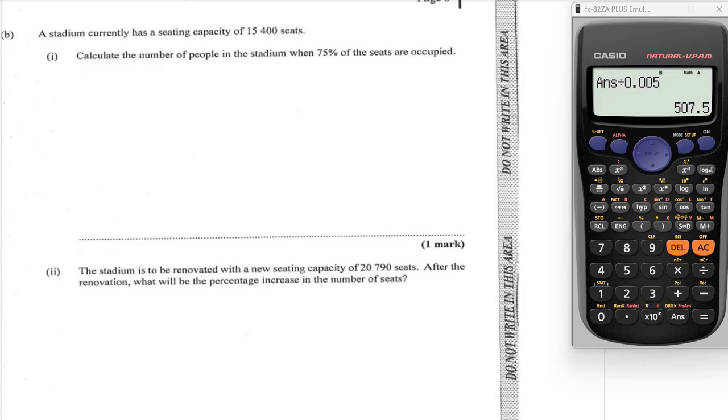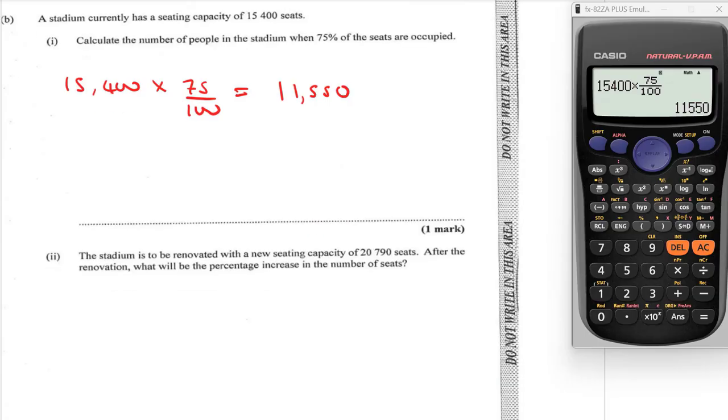So if 75% of the seats are occupied, then in order to calculate the number of persons in the stadium, we just say 15,400 times 75 over 100, and that is equal to 11,550. So if 75% of the seats are occupied, that means we have 11,550 people in the stadium.